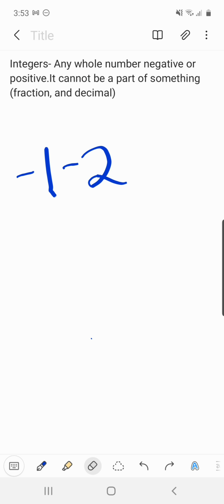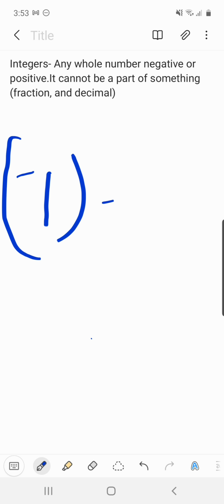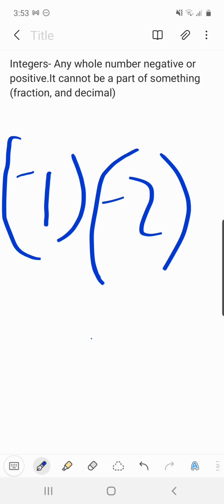So -1, -2 minus -2. So that's going to be the same as -1 plus, no, this is going to be, so it's -1 plus -2.